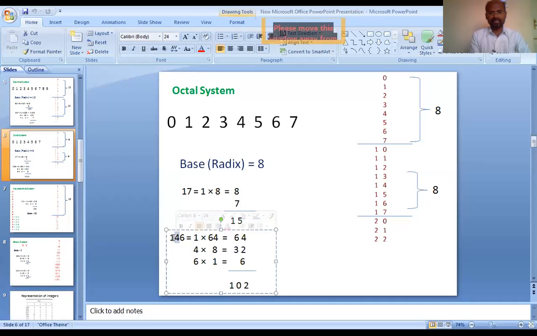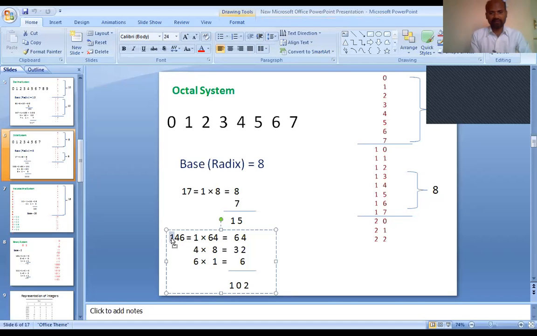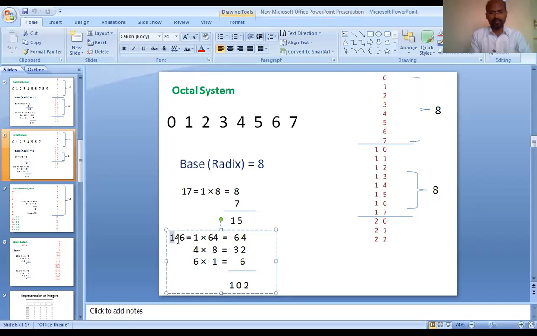What is this 1? We have used all the symbols 64 times. The weight for the third digit is 64, which is 8 squared, and the weight for the second digit is 8. The weight for the first digit is 1. So 1 into 64, we have used all the symbols 64 times, that is 64.